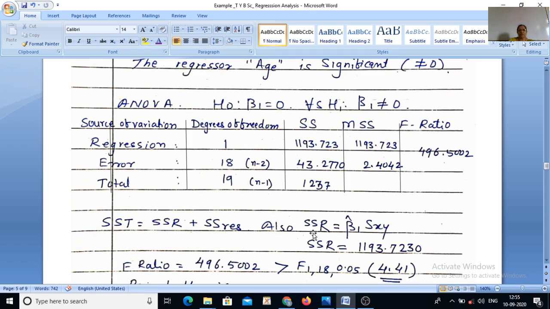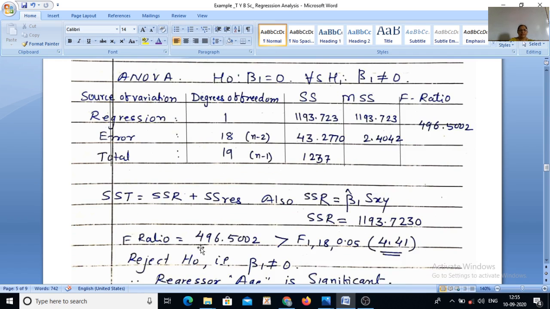Also we know another definition for SSR is beta 1 cap into Sxy, okay. So we know that the F ratio is the ratio of 2 chi-square variates divided by their respective degrees of freedom. So it is 1193.723 upon 1 divided by 43.2770 upon 18.